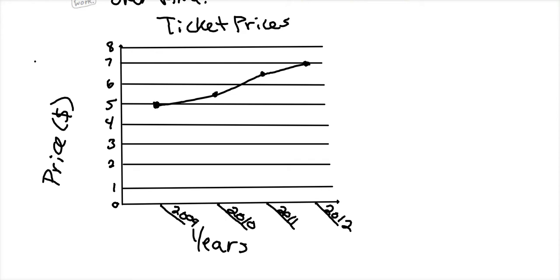And that's it. So what can you conclude from your display? They want us to predict how much it will be in 2013. So it went up 50 cents, then it went up $1, and then it went up 50 cents. If our pattern continues, it should go up $1 this time. It went up $1, then 50 cents, $1, 50 cents.